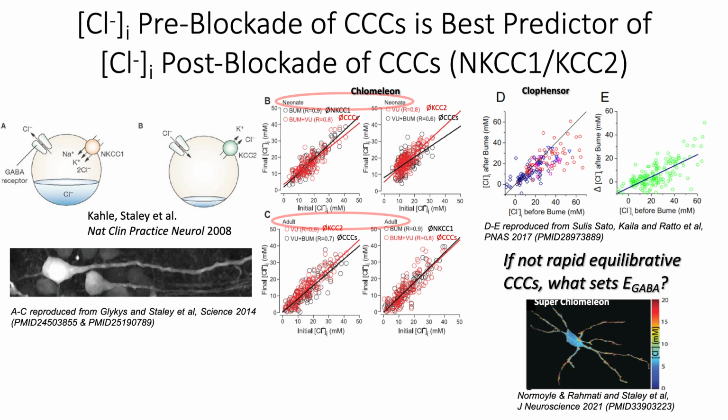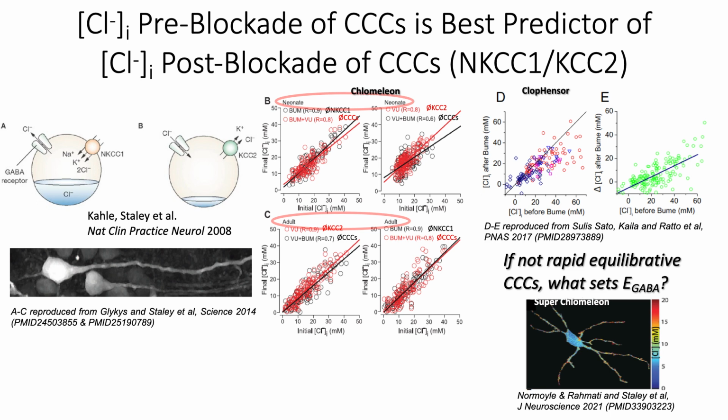the GABA reversal potential, and you actually take a look at using Clomeleon here, which is a ratiometric intracellular chloride reporter. What you find is that when you block one or the other in sequence, the best predictor of what the final concentration will be is what the initial concentration was. And the surprising thing about this is it doesn't matter if you're looking at neonatal neurons or adult neurons.